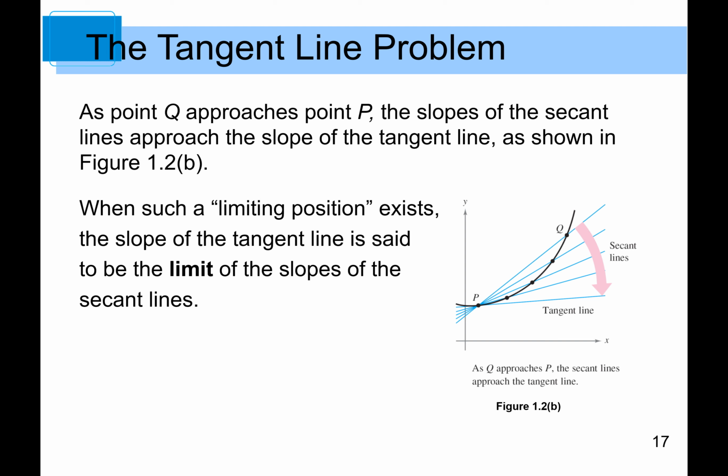So as you can see, you can come up with infinitely many secant lines, but in order to make the secant line as close to the tangent line, eventually we're going to move the point very, very close to that point P. So right here, to guarantee that, we come up with the limit process.